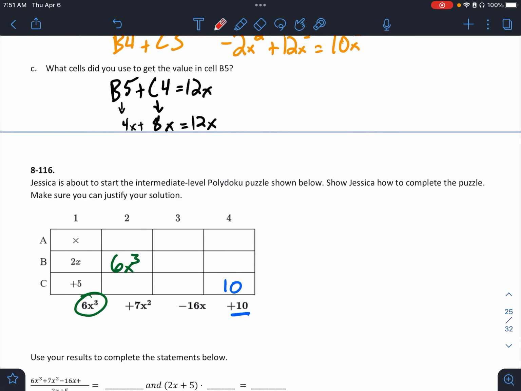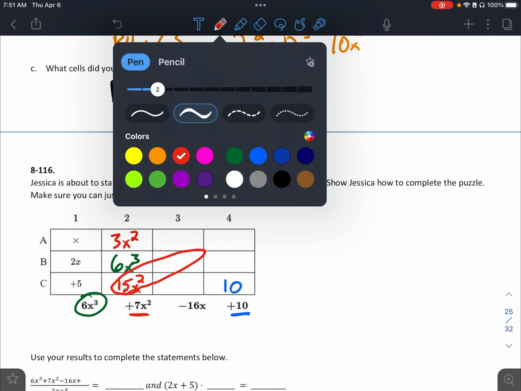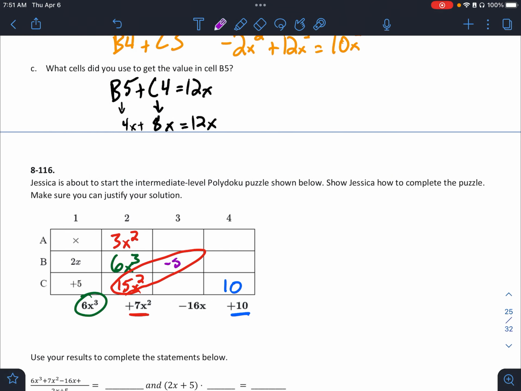Now I should be able to fill out really quite a bit, if not all of the rest. So 2x times what gets me 6x to the third? This is going to be 3x squared. Then I can multiply. 3x squared times 5 gets me 15x squared. I need these to combine to be 7x squared. So this is going to have to be, I'll switch colors again, negative 8x squared.